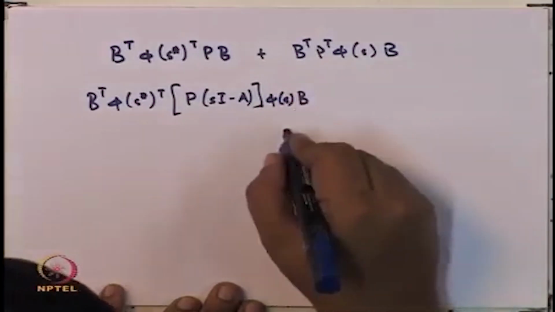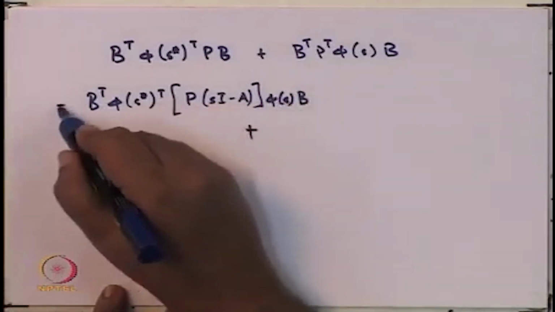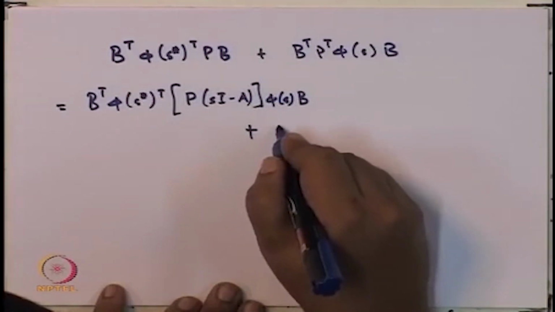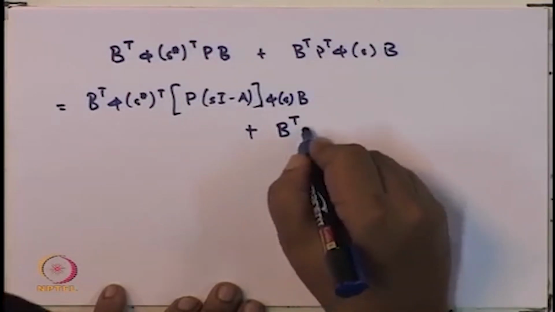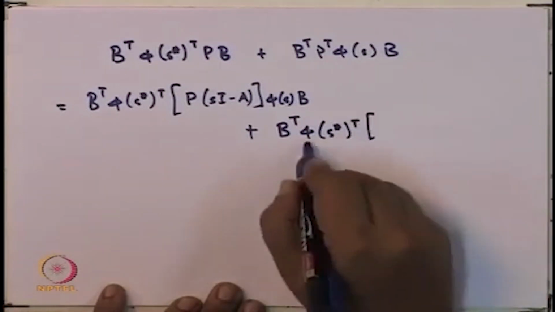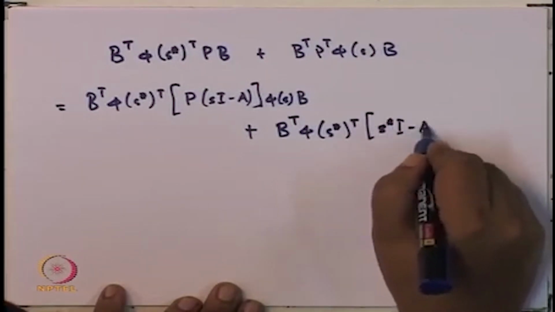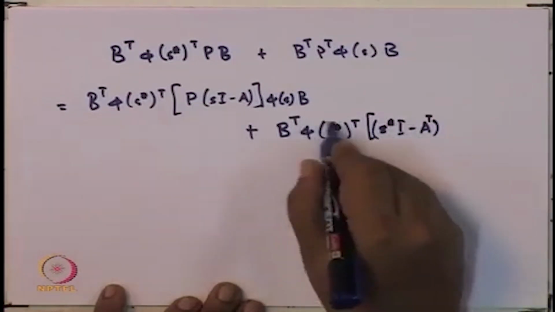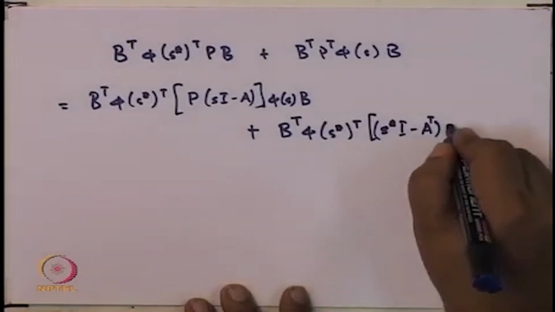Now for this one I can write plus: that one is the same as this one, plus here I write down B transpose, I have phi S star transpose, and then I have S star I minus A transpose, which is really the inverse of this. So these two can cancel, and then I have P.